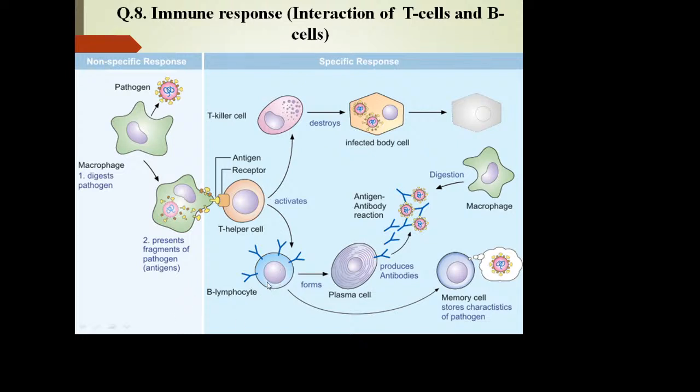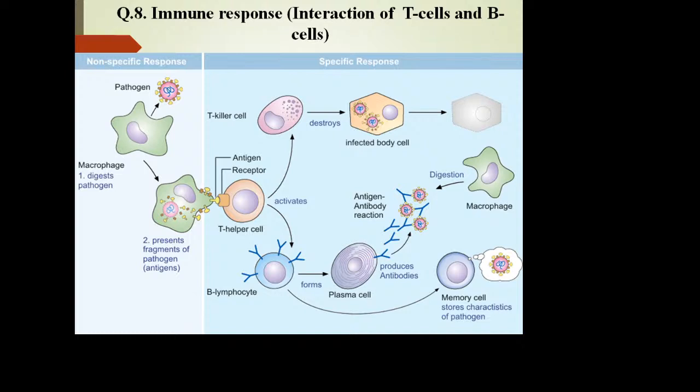One part of B cells differentiates into memory cells. Memory cells have specific receptors on their surface that store information about the characteristics, about the antigens of the pathogen. Memory cells circulate in the human bloodstream for a long period, for several years, and even for all their life.